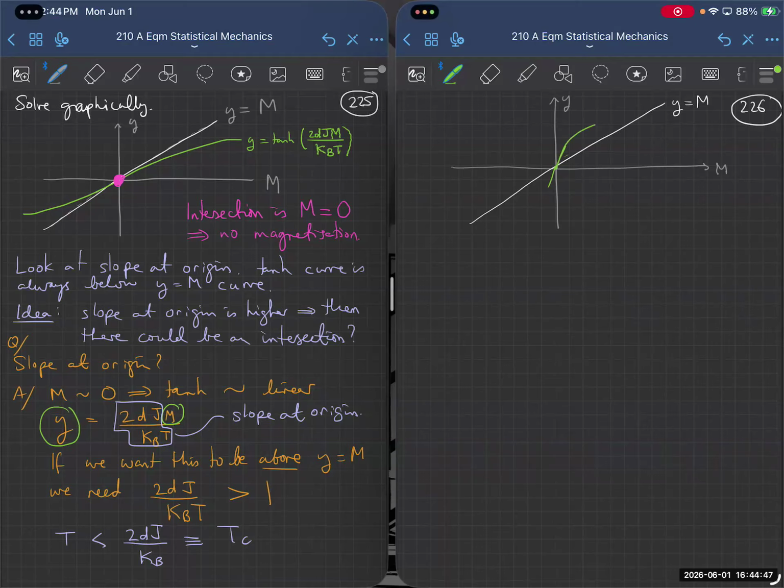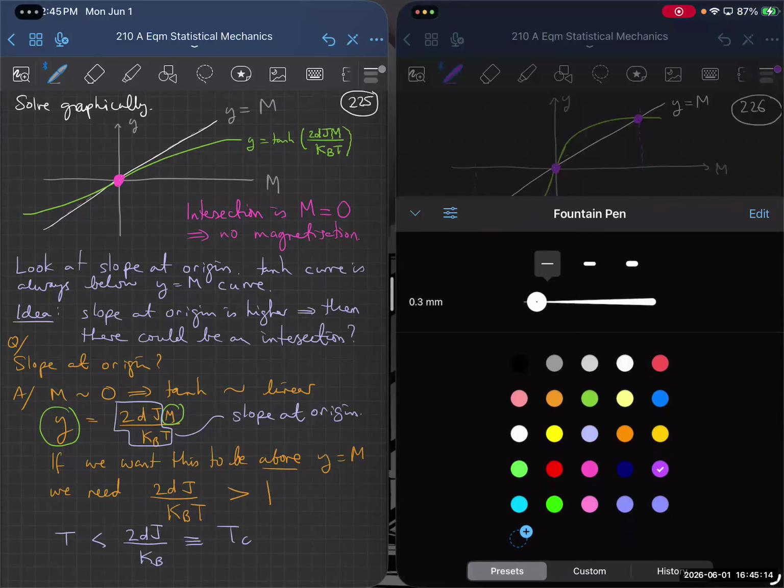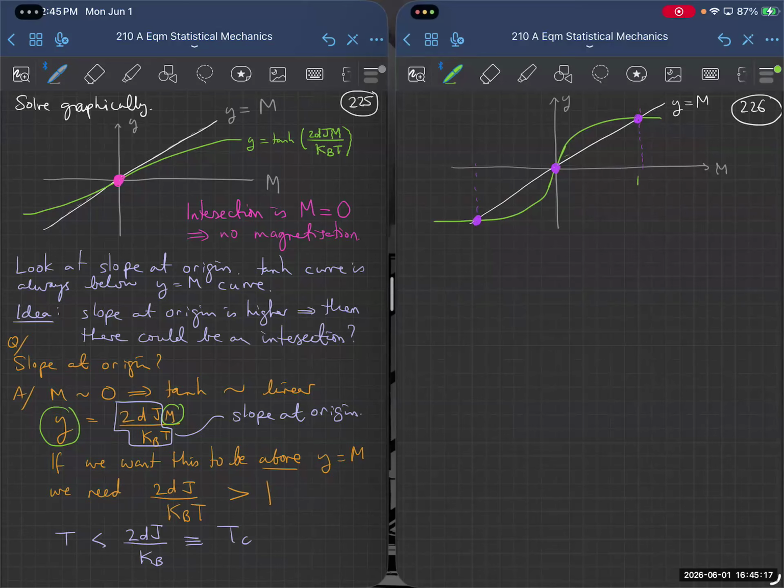So it's going to do something like this. And now we have more solutions. We've got a solution at the origin just like before, but now I've also got this intersection, and this intersection over here. These are corresponding values. This I'll call m sub s, and this I'll call minus m sub s. And this m sub s is what is known as the spontaneous magnetization.